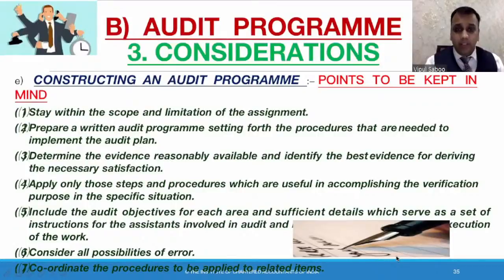Ria, difference between audit trail and audit procedures. Audit trail is basically a series of results you have left behind, or a series of observations you have come across during the journey of your audit. Audit trail is a result of audit procedures.